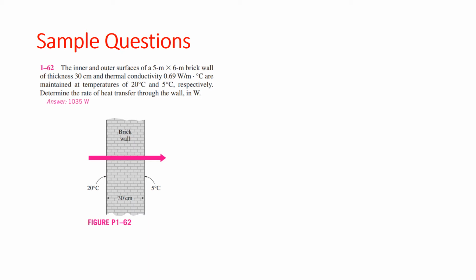And you also have seen how conduction happens in gases and liquids. In gases and liquids, conduction is due to collision and diffusion of molecules during their random motion, and in solids it's due to a combination of vibration of molecules in a lattice and energy transport by free electrons.